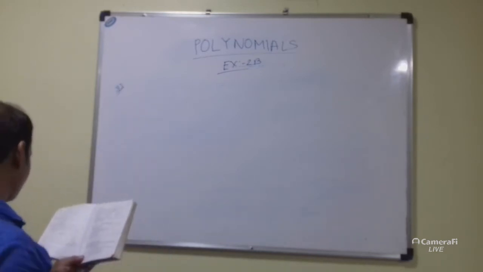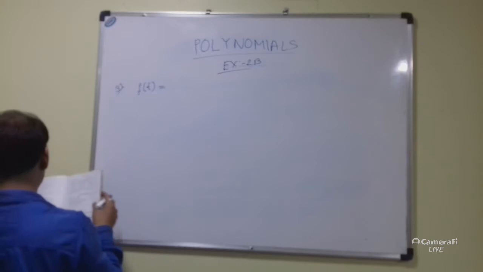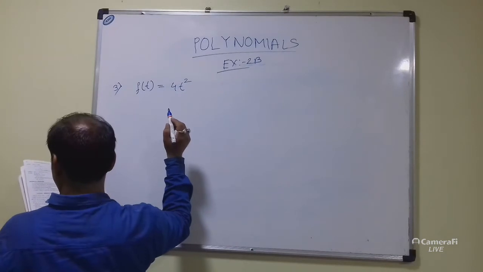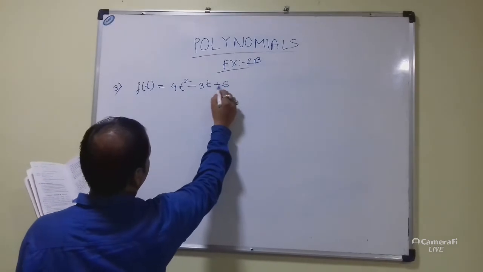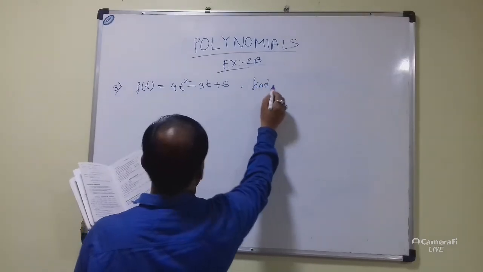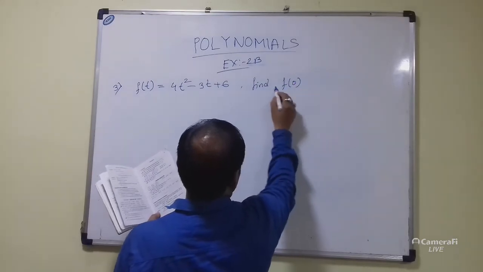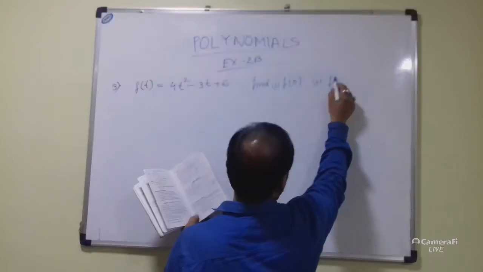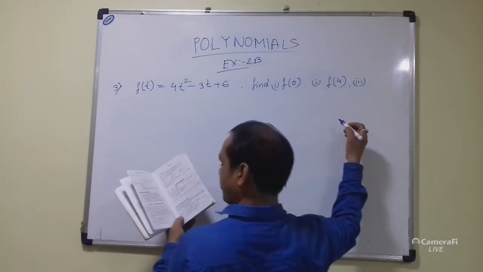Question number 3: f of t is equal to 4t square minus 3t plus 6. Find f of 0, f of 4 and f of minus 5.